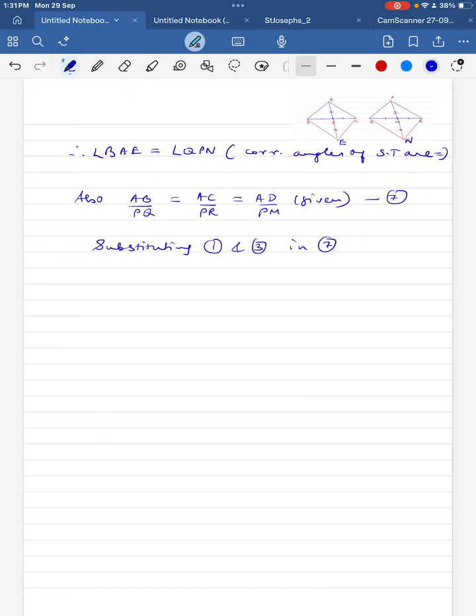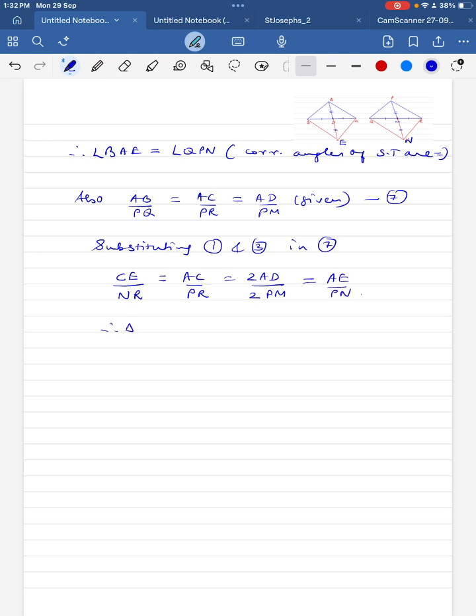So substituting 1 and 3 in equation 7 gives me, in place of AB I can replace with CE, in place of PQ I can replace with NR, is equal to AC by PR, and again I'm multiplying AD with 2 in the numerator and 2 in the denominator along with PM. That gives me AE by PN.